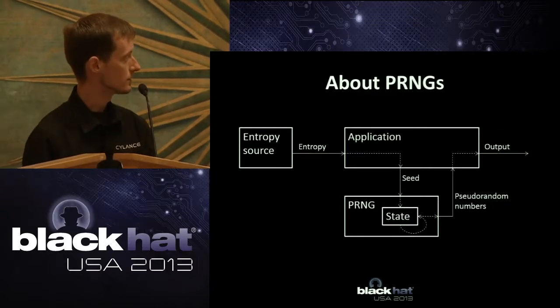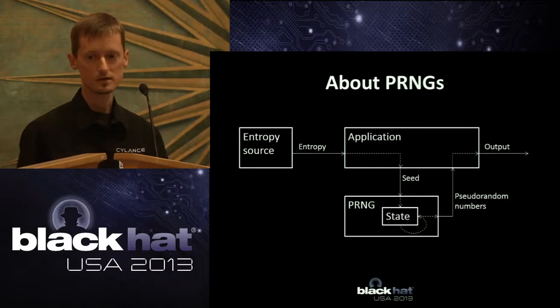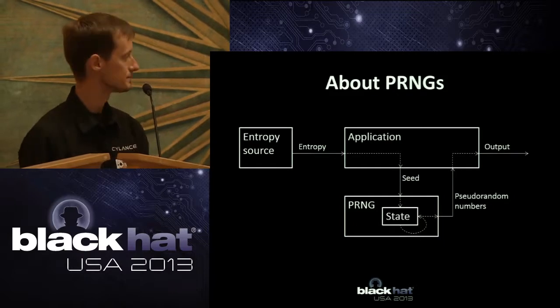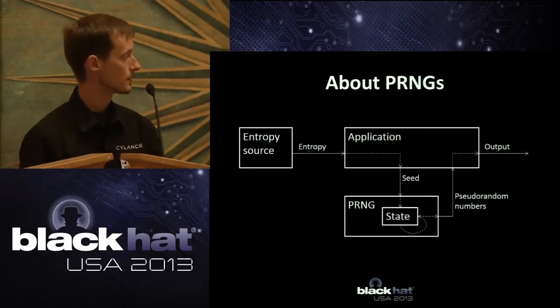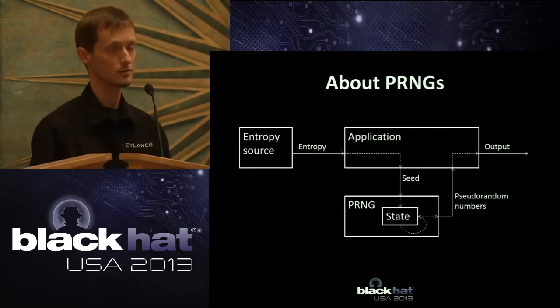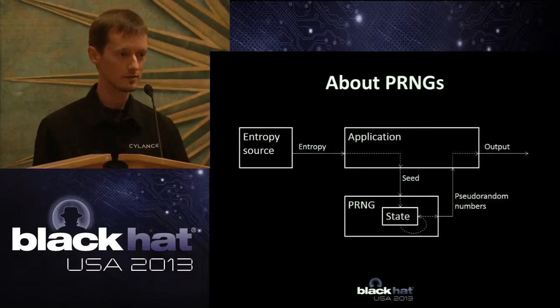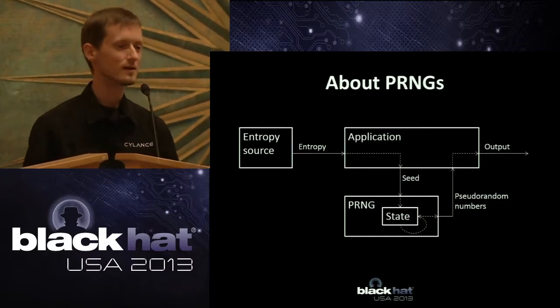So, okay, we got our entropy. The application takes it, transforms it into a seed. The seed is fed to the PRNG to initialize it, maybe once, maybe periodically, maybe once per thread or something. Now, in PRNGs where the state is really no bigger than the seed, like say they're both 32 bits, then the seed is often just plugged in directly as the state. It might be tweaked a tiny bit.